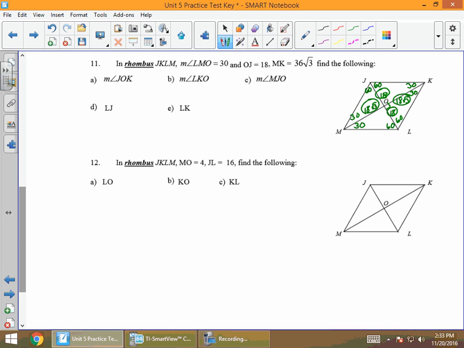And we know that the diagonals are perpendicular, so angle JOK has to be 90 degrees. Angle LKO. If I go from L to K to O, I can see up there in that corner, that one is 30 degrees. MJO, from M to J to O, I can see that one is 60 degrees.